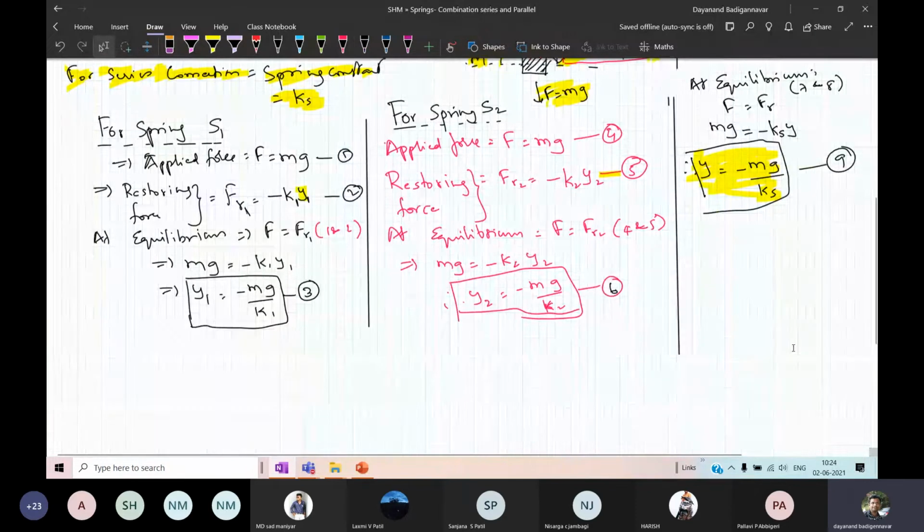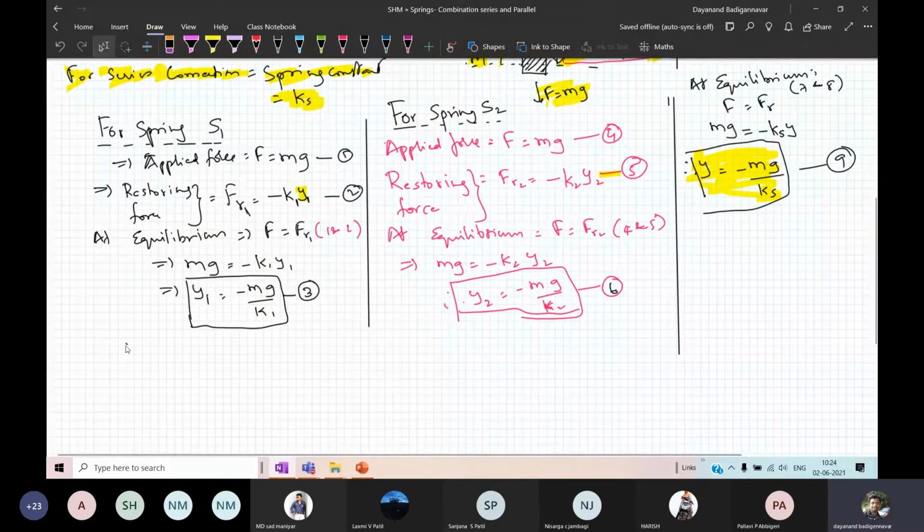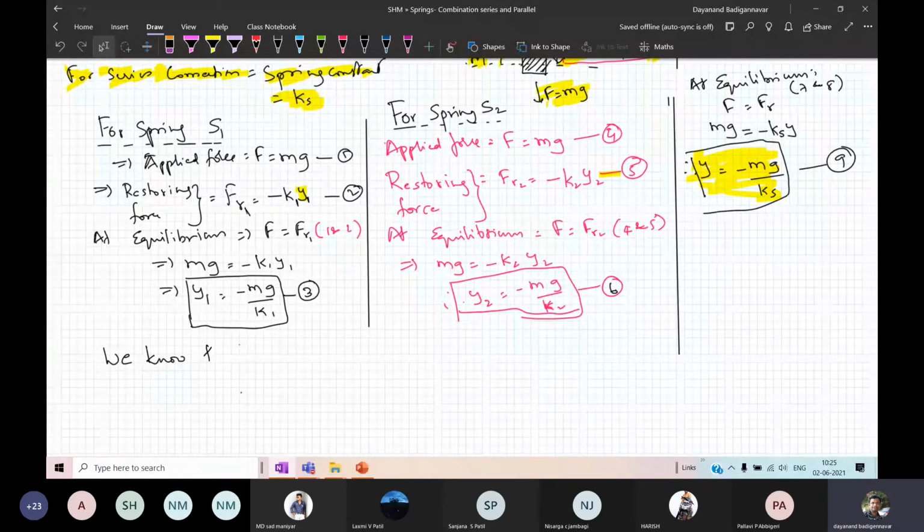We know that the total displacement Y in the series connection of springs is equal to the displacement in S1 plus the displacement in S2.